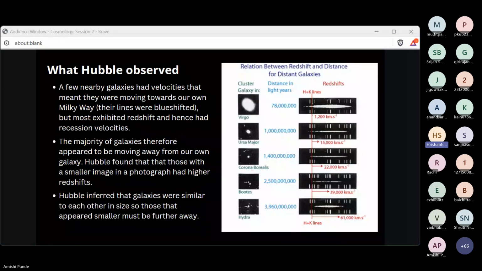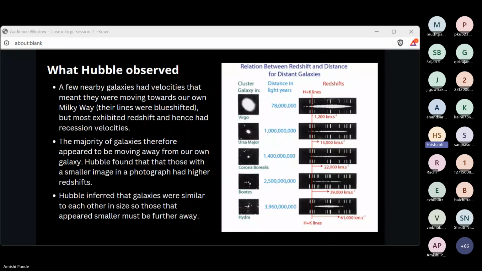Now, I was expecting a question at this point: if the universe is expanding and everything is moving away from us, why are there certain galaxies that are moving towards us? And if there are, how do you tell if the universe is actually expanding or contracting? But since you have not asked this question, I'm not going to answer it. Just keep on searching. It's a very interesting doubt that people have had over time.